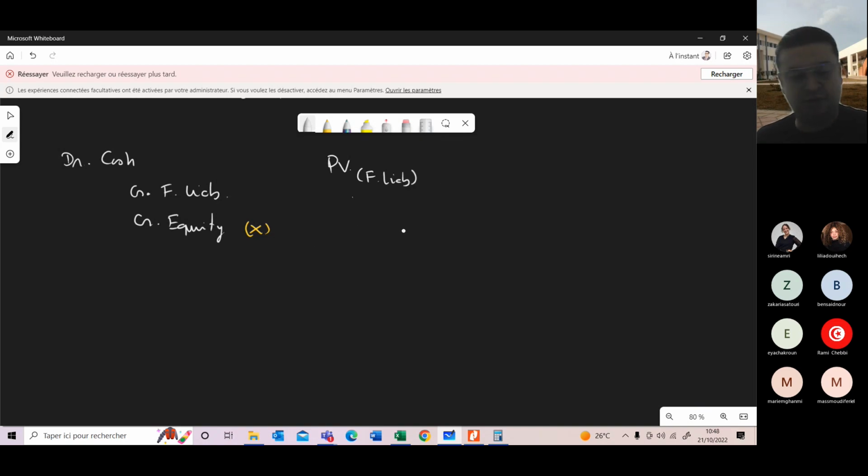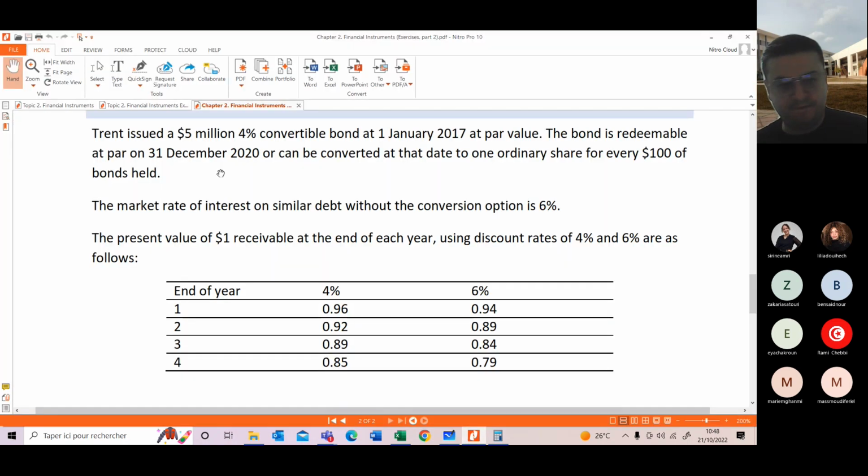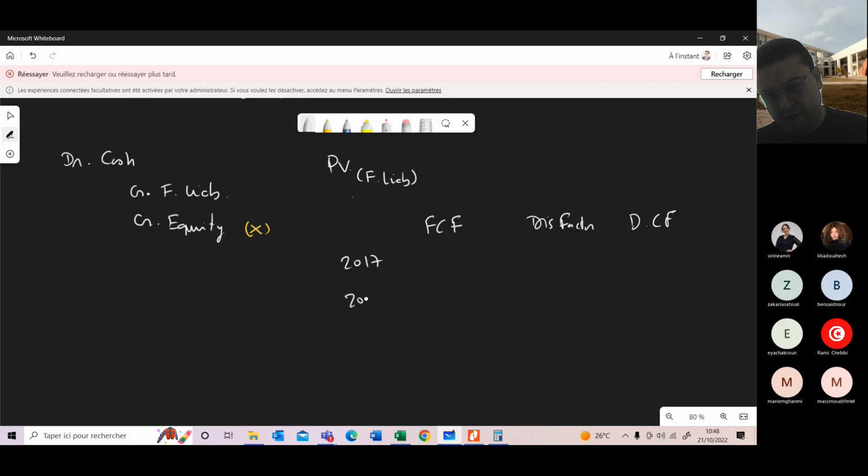As you know, you compute the future cash flows, you have the discount factor, and you have the discounted cash flows. So how many years do we have? We have 2017, and we count 4 years: 2017, 2018, 2019, and 2020.